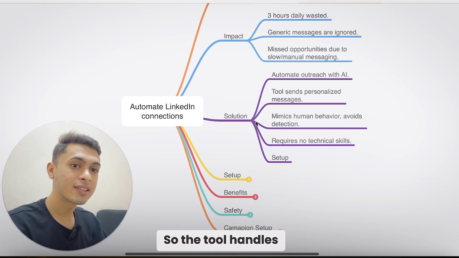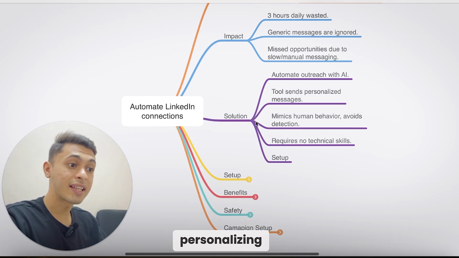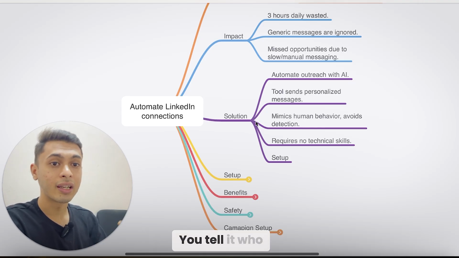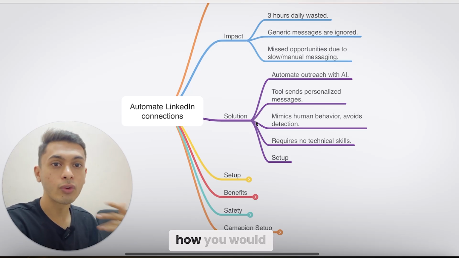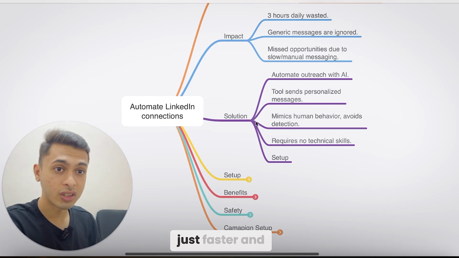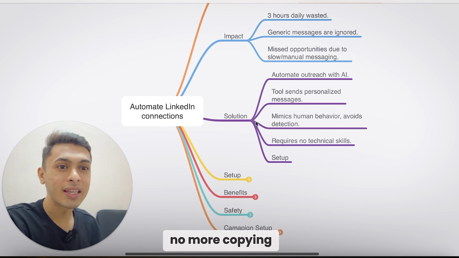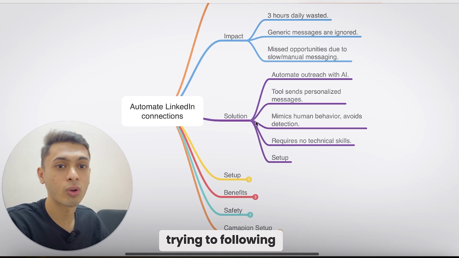So the tool handles the connection request and the follow-up, along with personalizing each message based on their profile. You tell it who to target, and the automation mimics exactly how you'd reach out manually, just faster and more consistently. So no more copying and pasting or trying to remember who you contacted last week and following up with them.